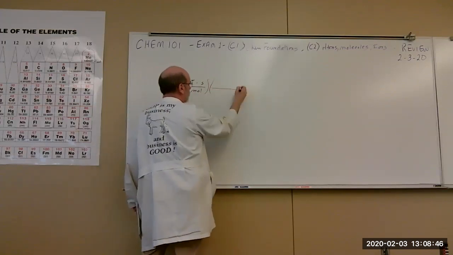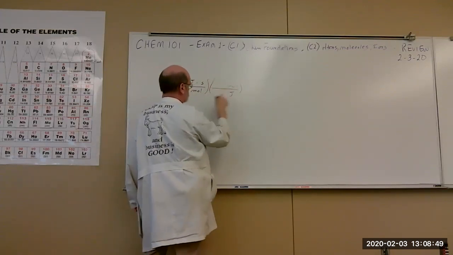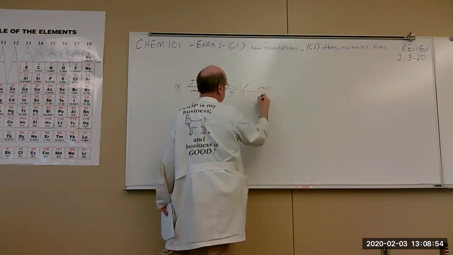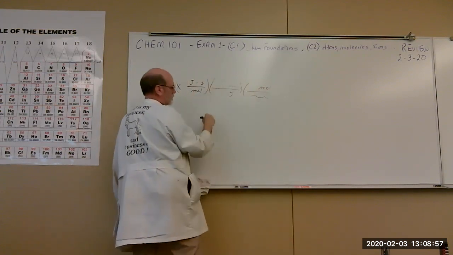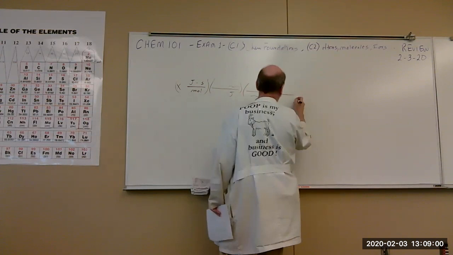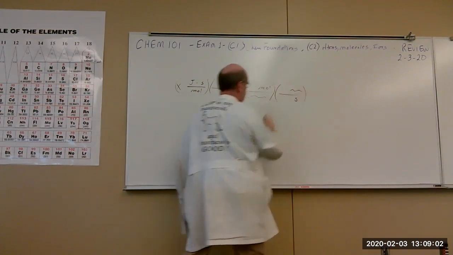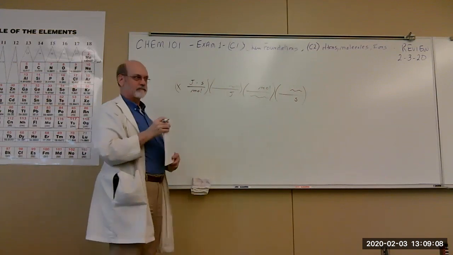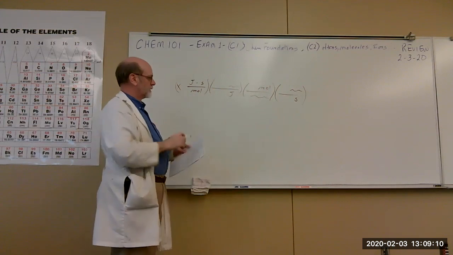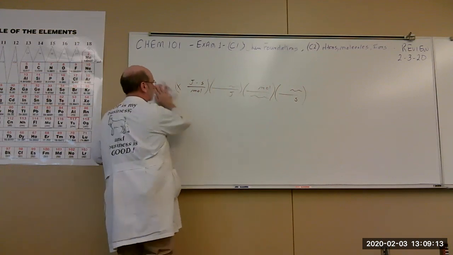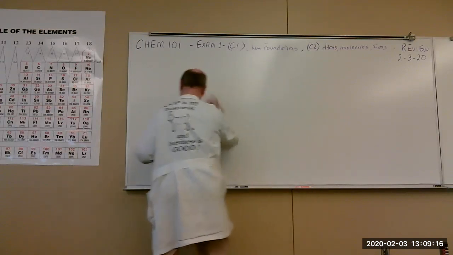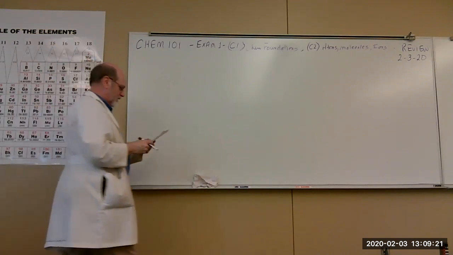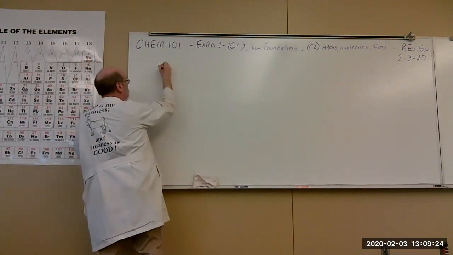You'll have a conversion factor for joules and something else, and then one for moles and something else. Moles will cancel. Then you'll have one for seconds and something else, and the seconds will cancel. You do each one independently. That's the only way to keep from messing up. I just wanted to make it clear just in case something popped up.